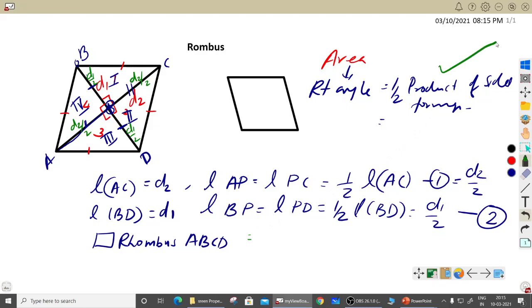So according to this formula, half into D1 upon 2, that is one side, into D2 upon 2 will be the area of one triangle. How many such triangles are there? Four such triangles are there. Correct? Which makes the area of rhombus ABCD.